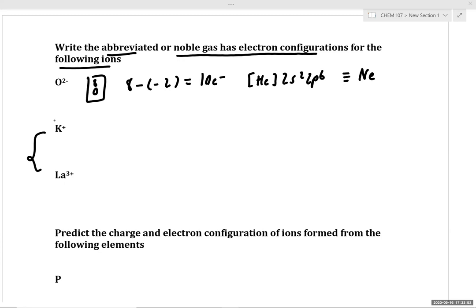And for lanthanum, don't freak out that it's in the lanthanides. Just think about your electron count and try to find the closest noble gas. And we'll discuss this example in about another minute.